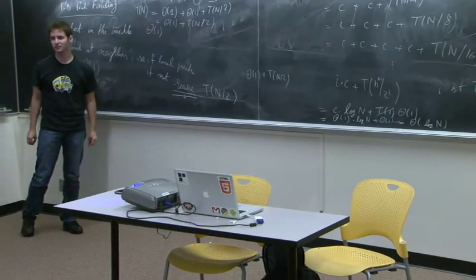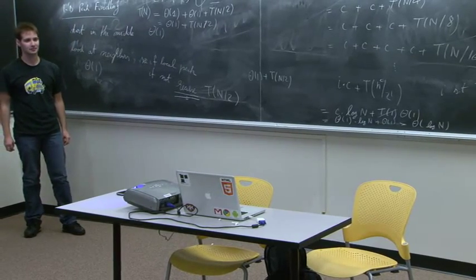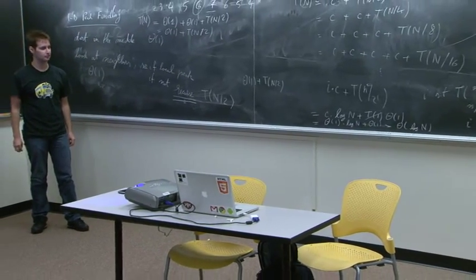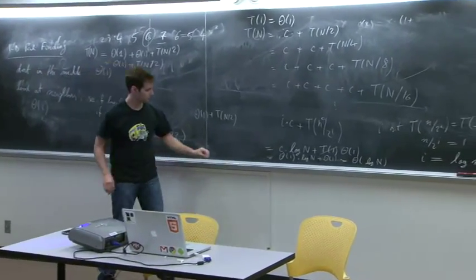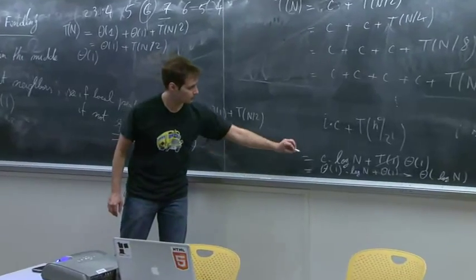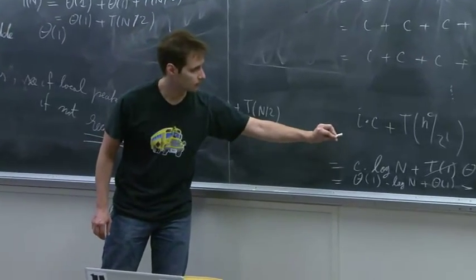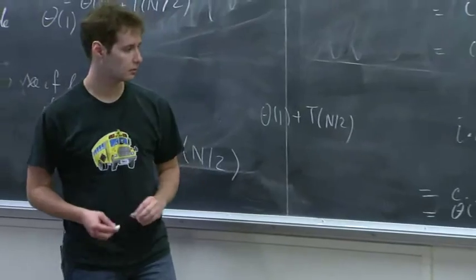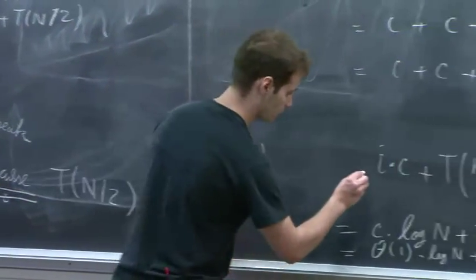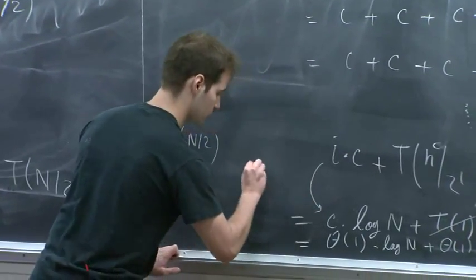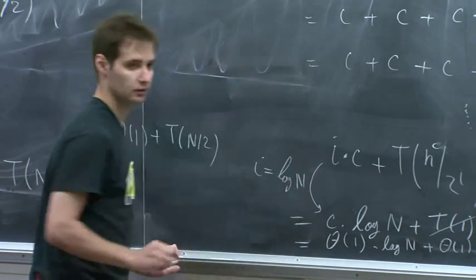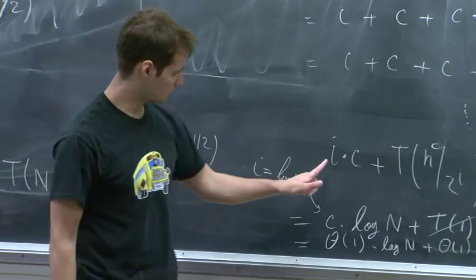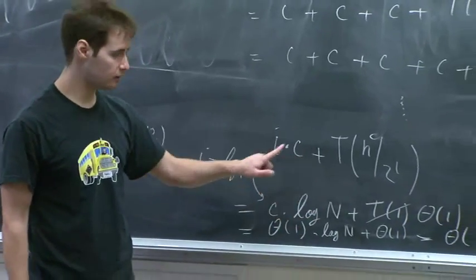Okay, how are we doing? Yes? In the second to last line, I don't understand after the c times log n. You replace i by log n, and the second part of the equation, how did you... Okay, so in the jump from here to here where I set i equals log n, i becomes log n, c stays c.